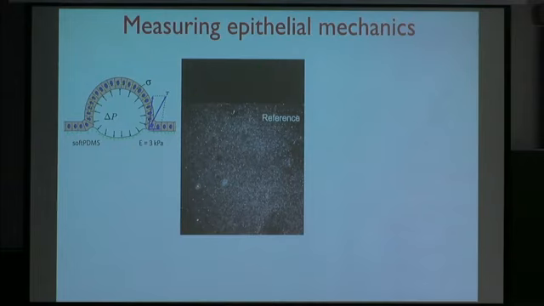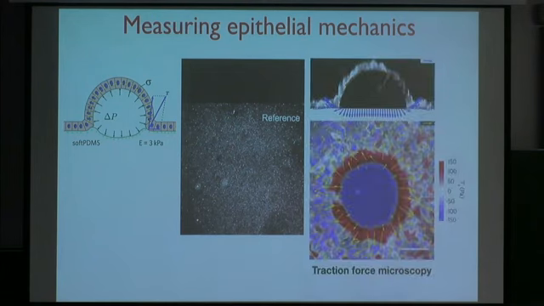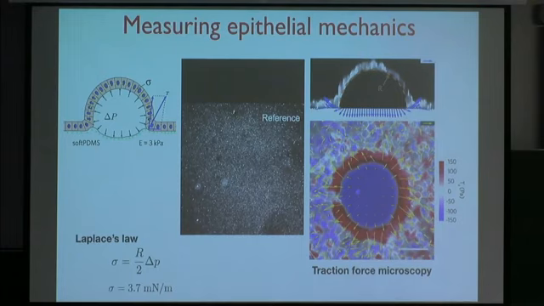If you do that, you find that the arrows are the tractions on the plane, the colors of these arrows are the tractions out of the plane, and you find that the traction here is constant and downwards, consistent with the fact that it's a pressurized cavity. But what's nice about it is that then you can measure the radius of this spherical dome, which is very close to being a sphere, and then you can use Laplace's law and get the tension in the tissue.